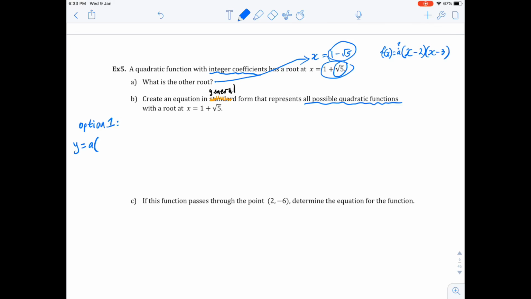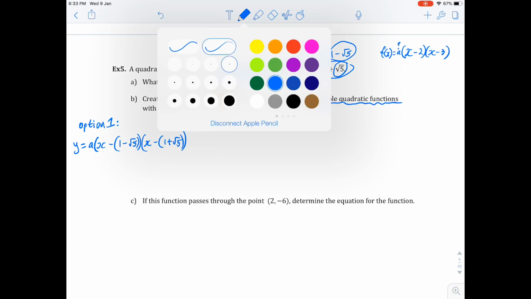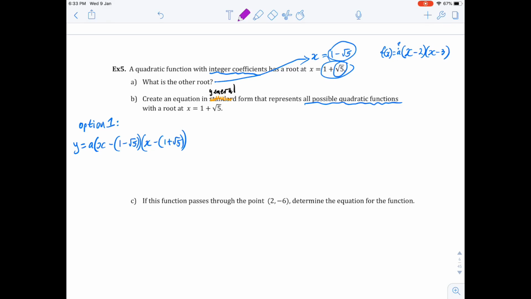And so y is equal to a times x minus the first answer, 1 minus root 5, x minus the second answer, 1 plus root 5. And if you were to expand that out, you would get your general form of the equation. Okay, and so since I've written it out, I'm going to go ahead and expand that out.